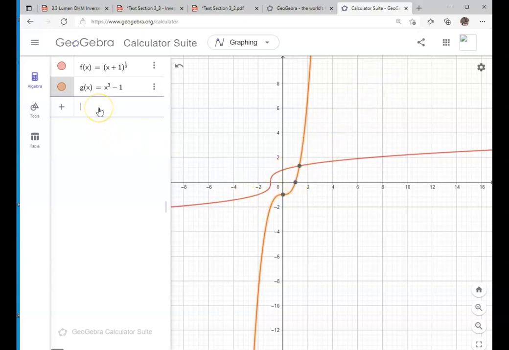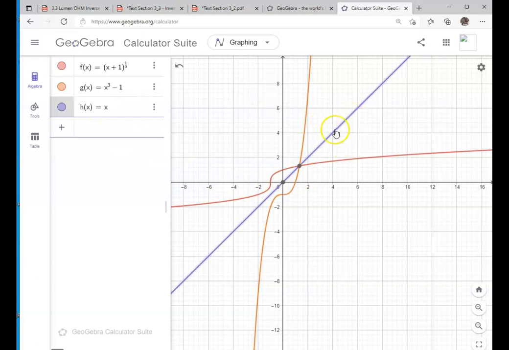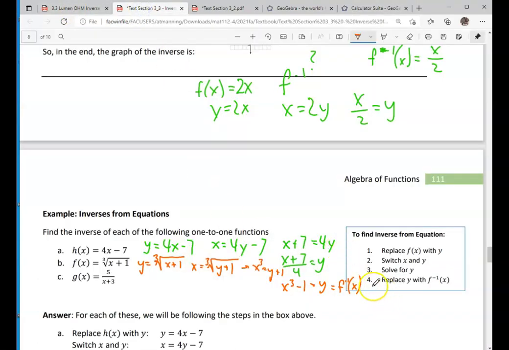Let's just graph y equals x. There's my line of reflection. Does that look like it's reflected around that line? I think it does. Therefore, I can say, yep, those two functions are reflected around the y equals x line. Yep, they sure look like they're inverse functions. That was just using GeoGebra to verify, did I get the right answer here?